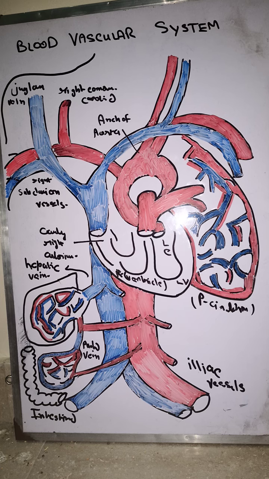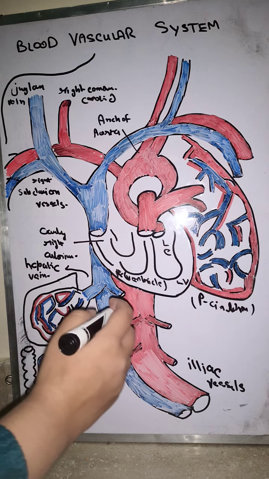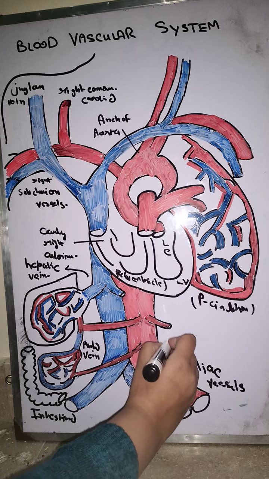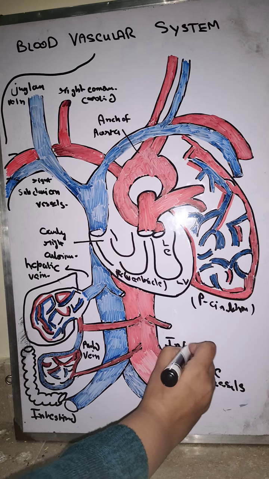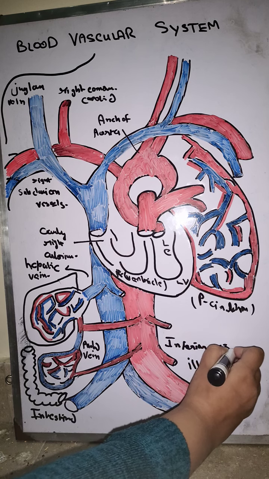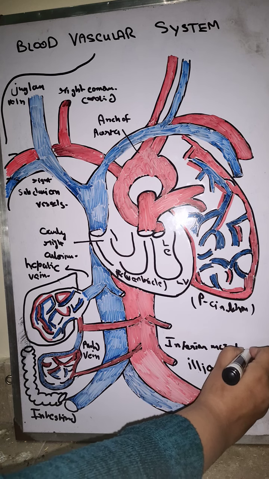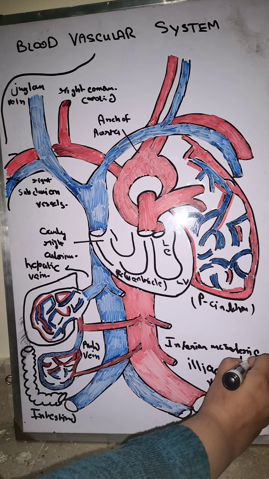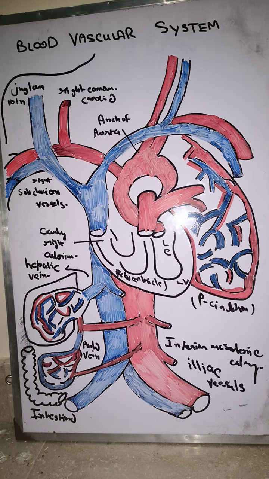This is the inferior mesenteric artery. It is inferior because it supplies the lower part. This is the inferior mesenteric artery, and this is the celiac artery.